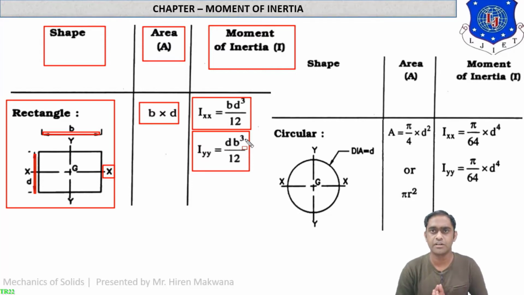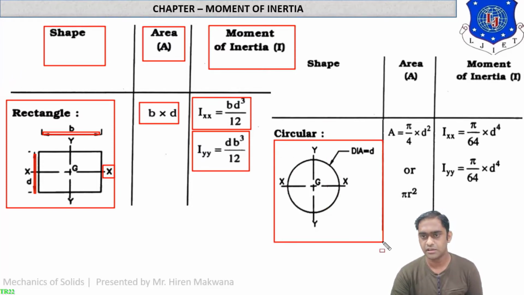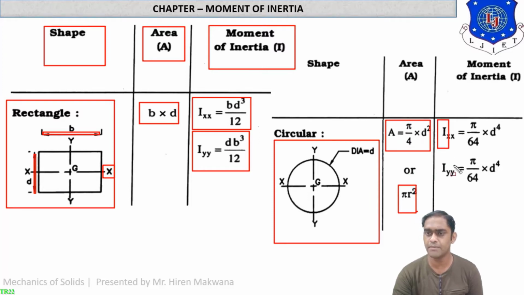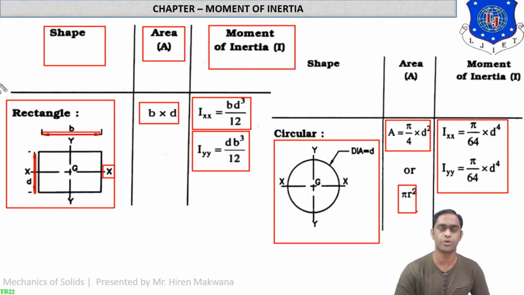In short, when the rectangle changes position from vertical to horizontal, the dimensions interchange, meaning b is replaced by d and d is replaced by b. So you just have to remember this formula. For the circle, we have derived area equal to pi by 4 d square or pi r square also. Moment of inertia about both axes will be the same, pi by 64 d raised to 4. So these are the formulas for the rectangle and circle.